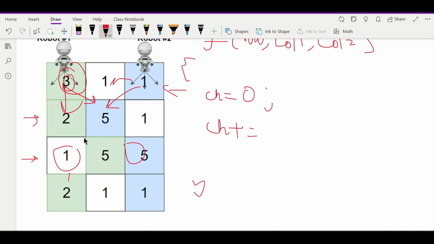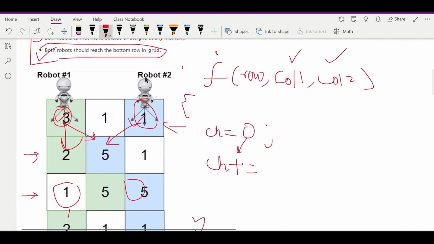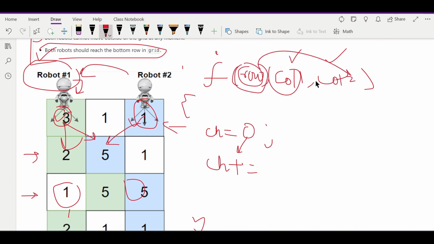How would I count the cherries at that position? Let's say this matrix is grid. I would do one thing: consider cherries plus the cherries present at the position in which the robots are standing. And how would we get the position in which the robots are standing? By row and column 1 for robot 1, row and column 2 for robot 2, right.